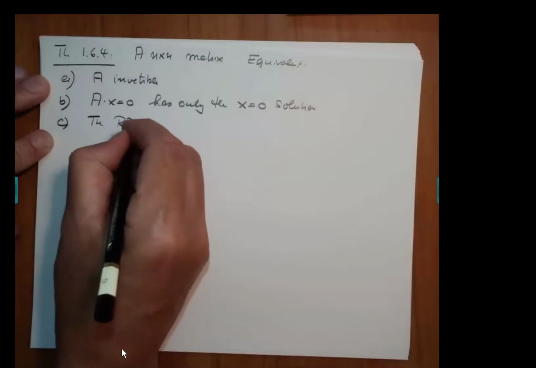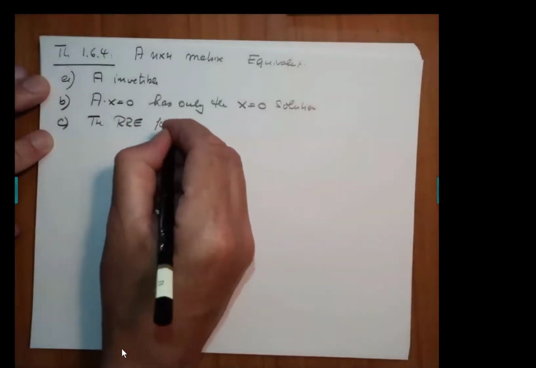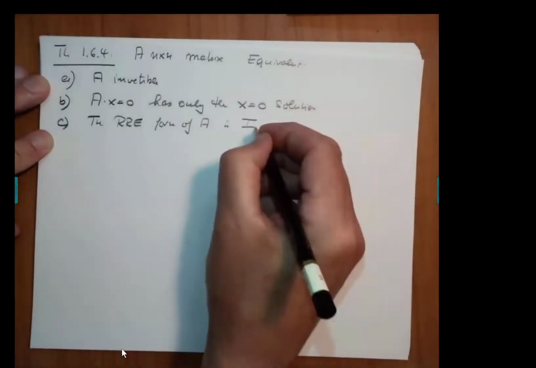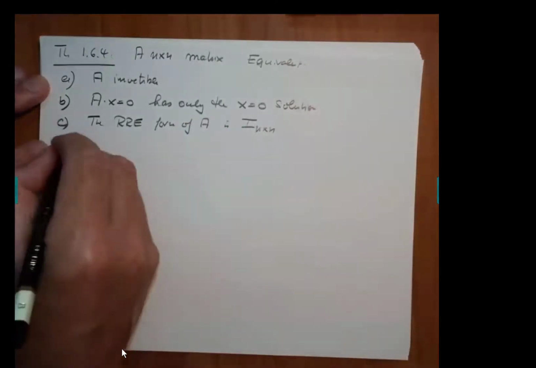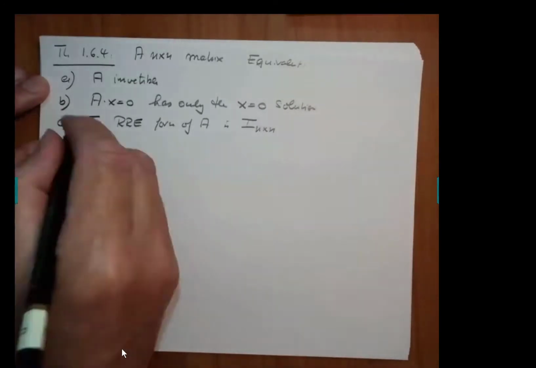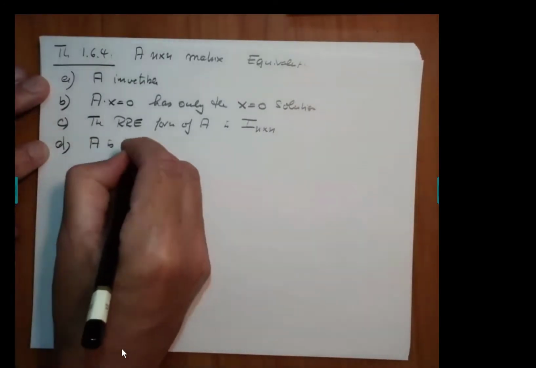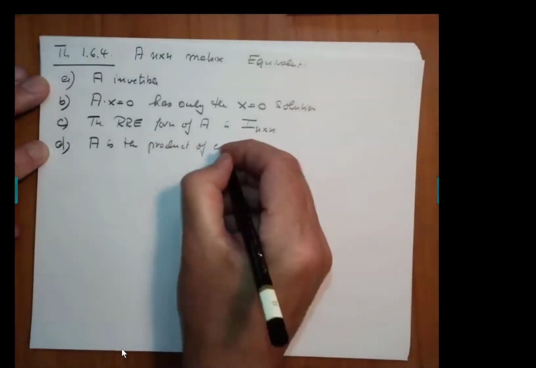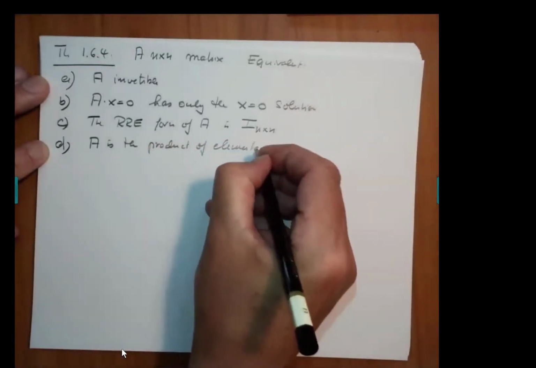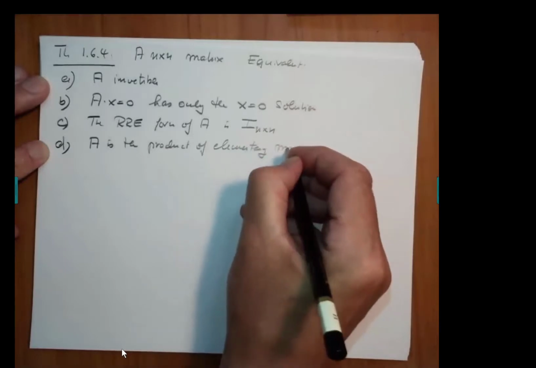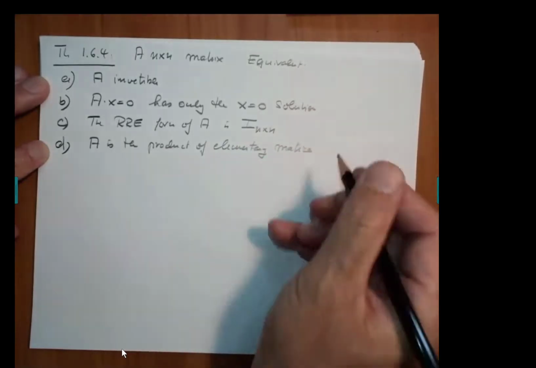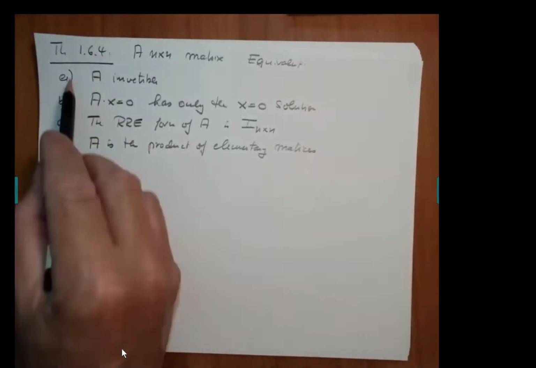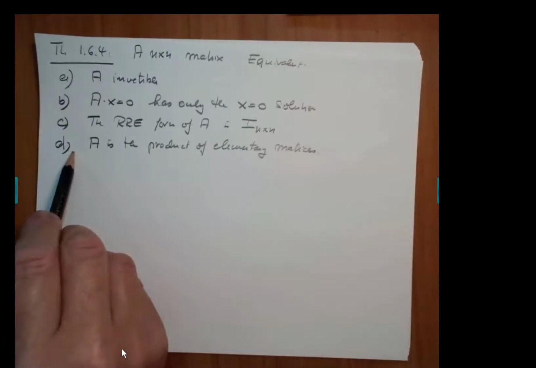C, the reduced row echelon form of A is the identity matrix, again would be the same size. Part D, A is the product of elementary matrices. So up to here is theorem 1.53.